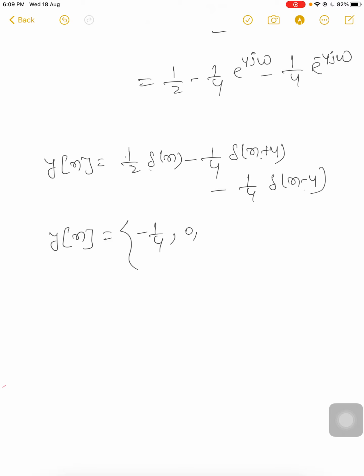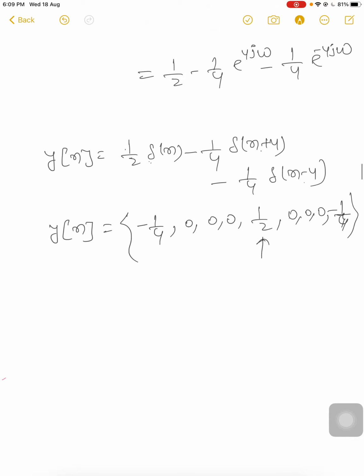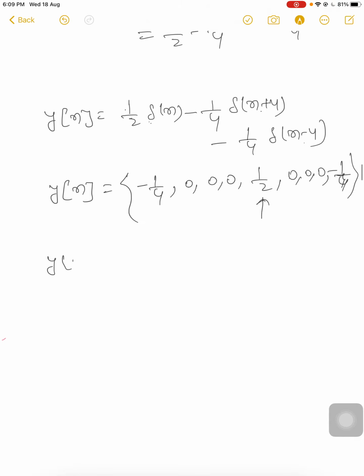Positions minus 3, minus 2, minus 1 are 0, and at the 0 position it is 1 by 2, the origin, then 0, 0, 0 and minus 1 by 4 at 4. Okay, and then y[0] will be half.